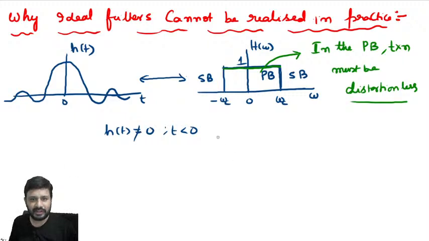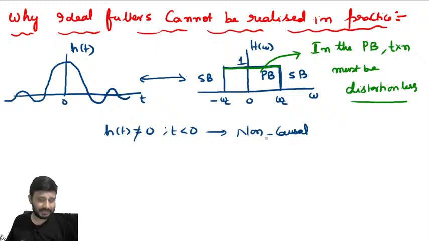Causal or non-causal? It is a non-causal system. Can you realize a non-causal system in practice? While discussing the second unit, I told you all physically realizable systems are causal systems. Non-causal systems we cannot realize.